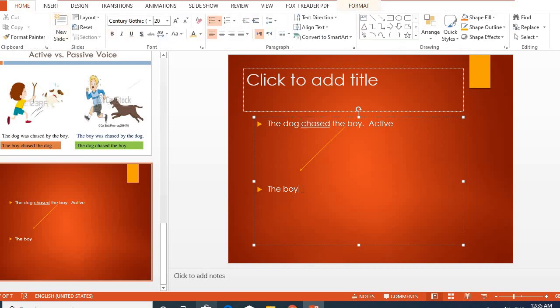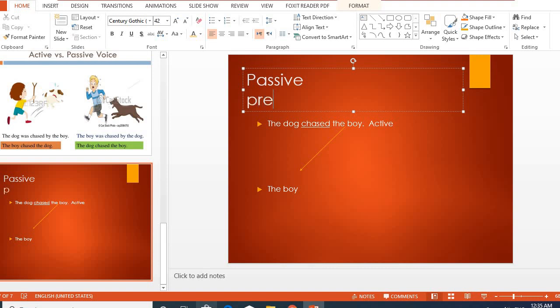Chased. Is my verb in the present or the past? It is in the past. When it is in the past and I want to make it passive, I have to put was or were plus the past participle. So the passive says, if your verb is in the present and you want to make it passive, add is or am or are plus the verb in the past participle.